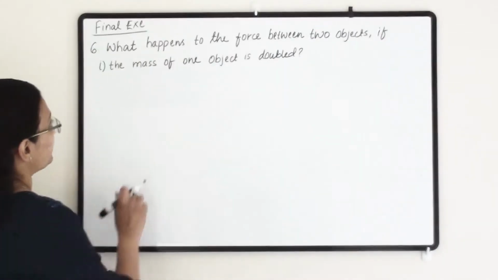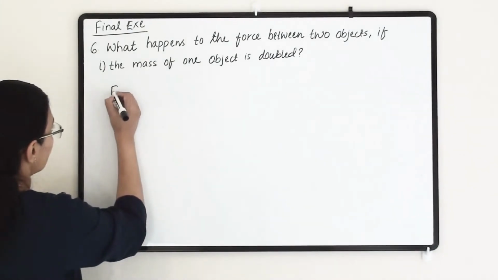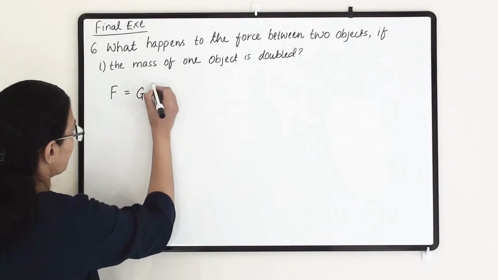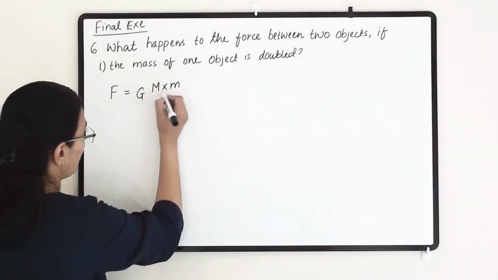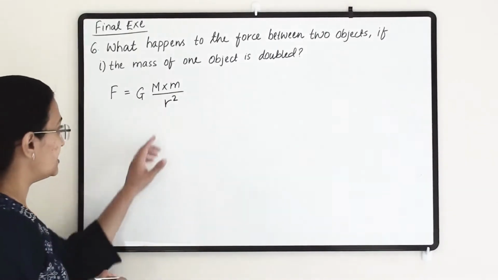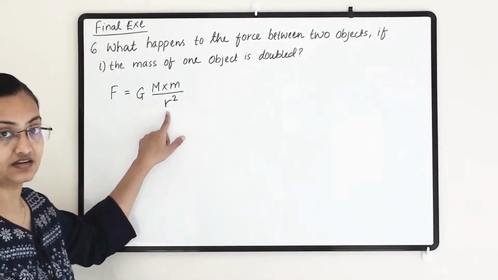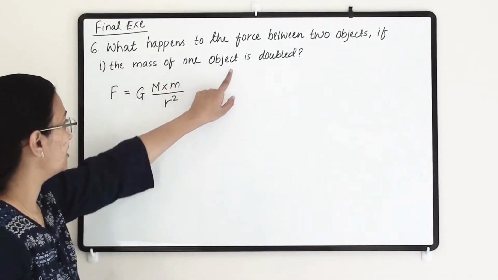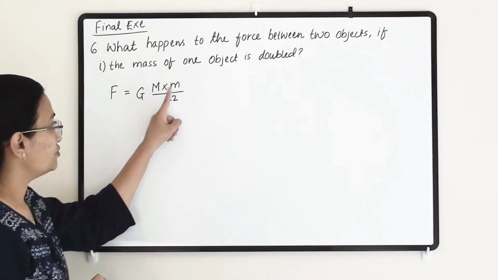Let us calculate that. Our original formula is F equals capital G, capital M into small m divided by R square, or D square. Here we are taking R as the radius of the earth. Now the mass of one of the objects is doubled. Any one mass can be doubled.